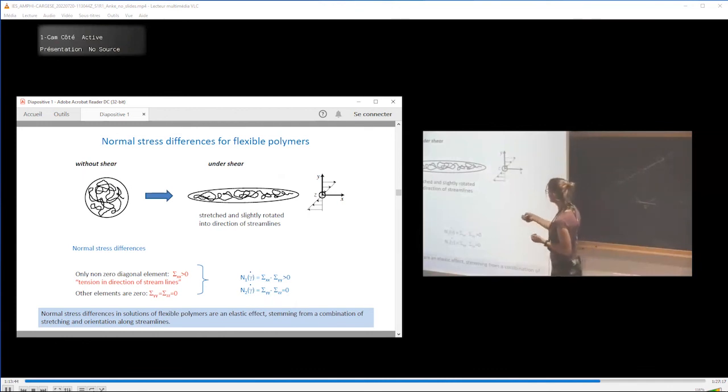I can see quite easily that the only one that is most likely non-zero will be sigma xx, because that's the direction in which I stretch things. And it's positive because it's a tension that wants to pull the polymer back. The two others are 0. Then I can construct my N1 and N2, and I see that N1 is bigger than 0 and N2 equals 0.